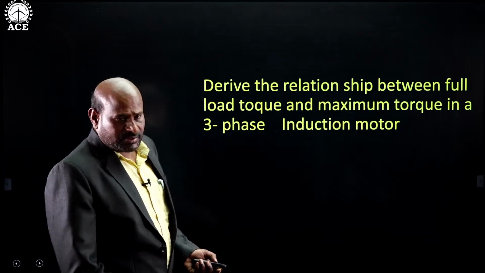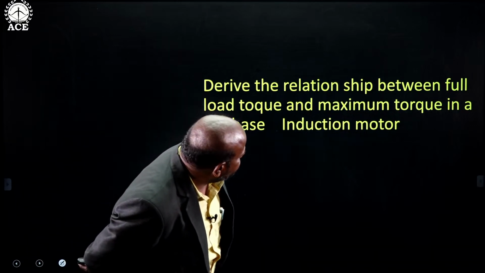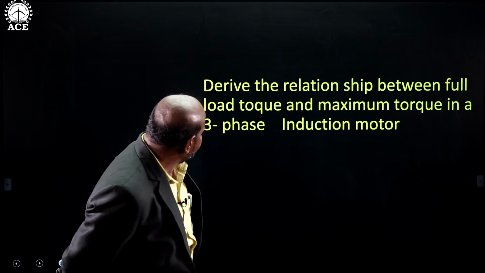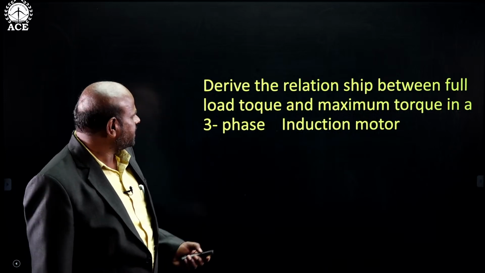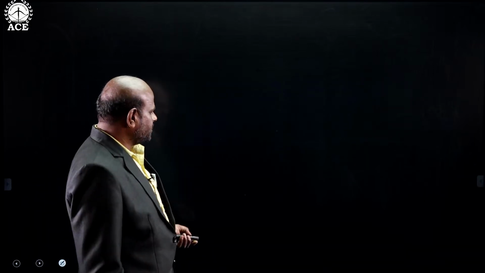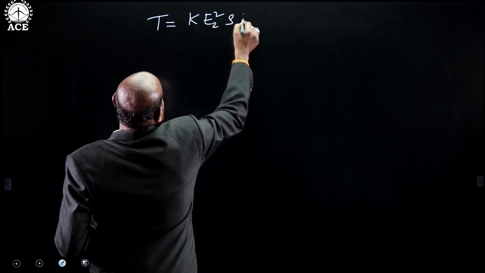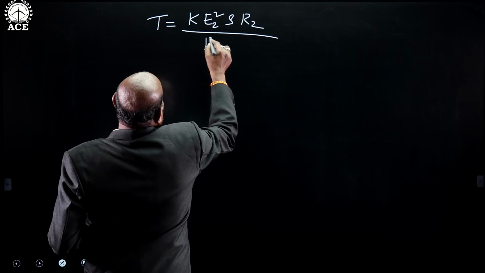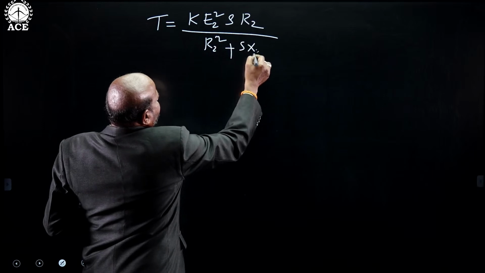Next, the important question that was asked in the university exams is: derive the relationship between full load torque and maximum torque in a three-phase induction motor. Just now we have derived the expression for maximum torque as well as full load torque. Just compare. The torque expression can directly be written as K into E2 square S R2 by R2 square plus S X2 whole square.